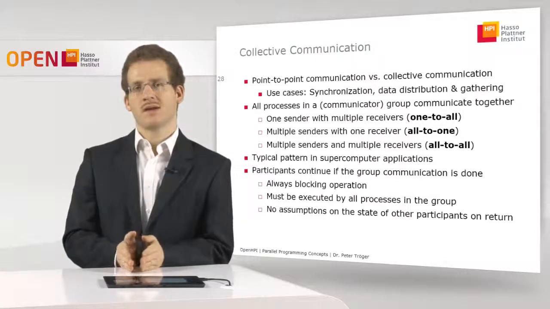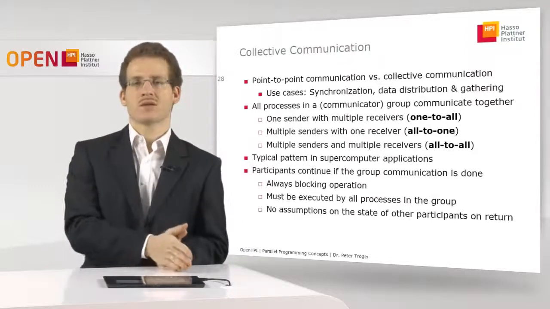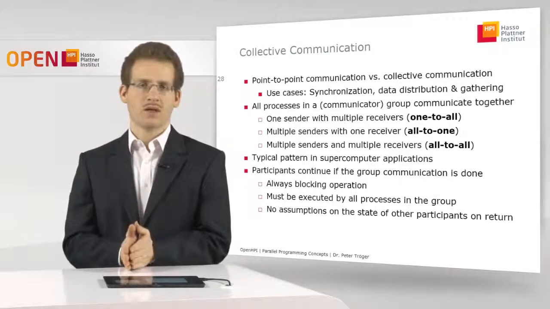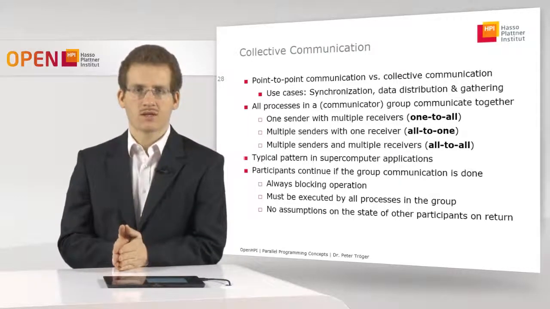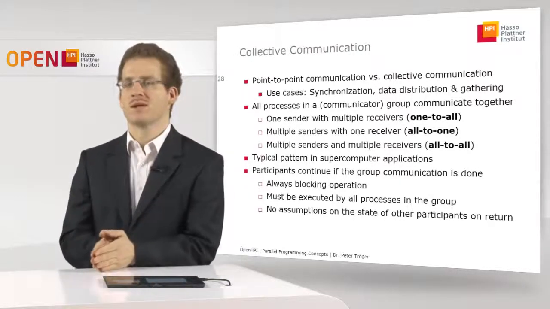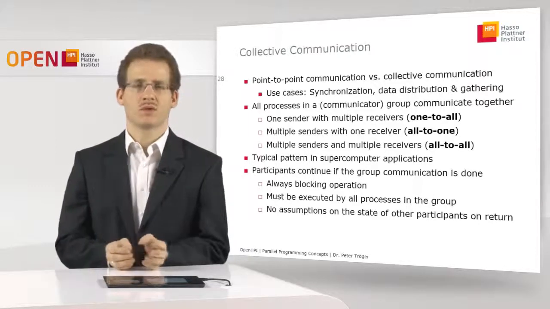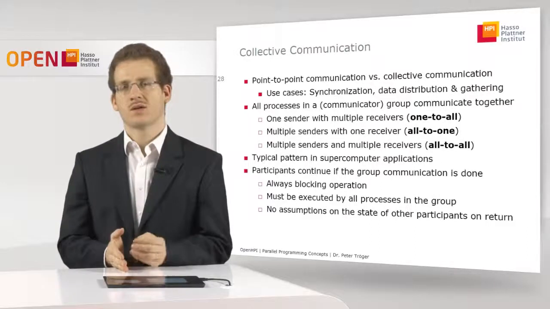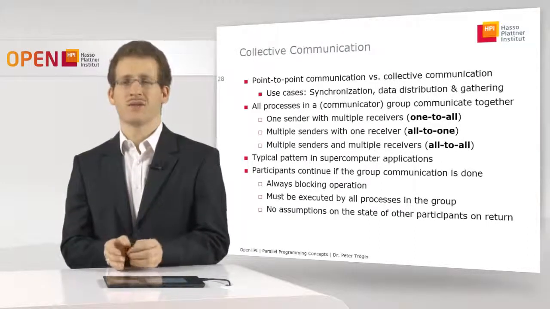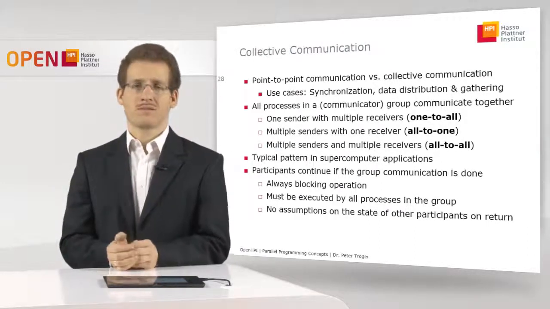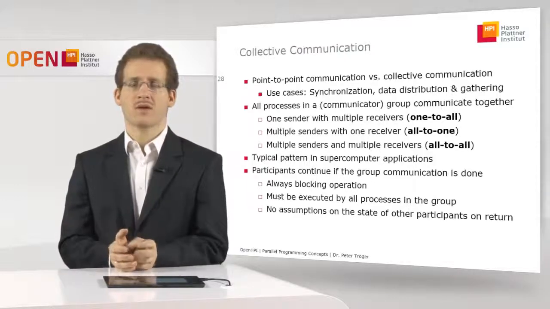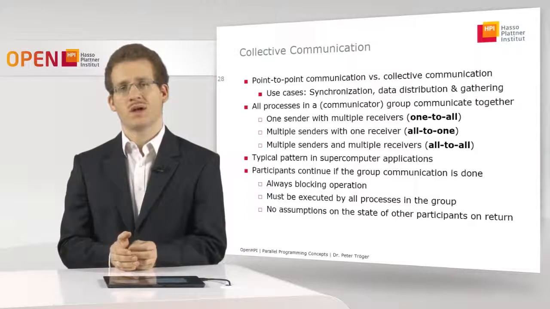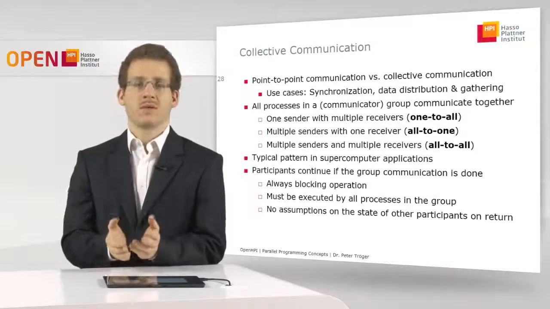And the answer is, if you use collective communication primitives in MPI, then the MPI library and the underlying interconnection topology have a chance to optimize this. So whether you want to do a broadcast or a scatter operation, the good point about using collective operations defined in MPI is that you have the chance of getting all the optimizations that the interconnect hardware vendor and the MPI library offer, if possible.